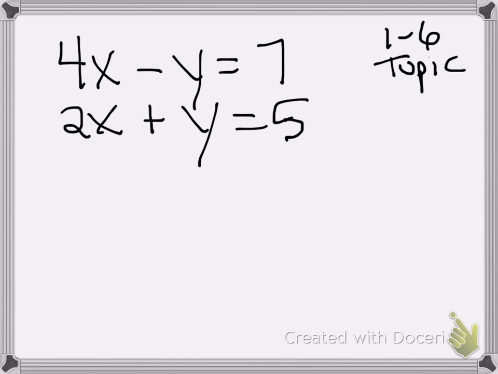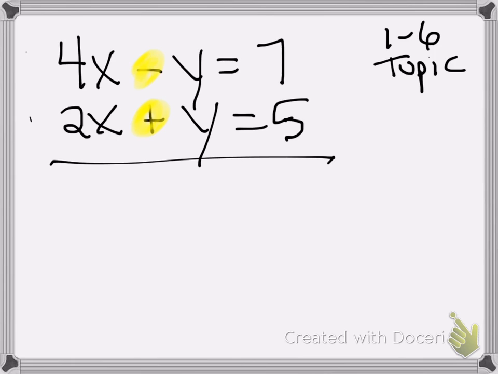When you use combination or elimination, it's just exactly what it says. You're going to combine two equations, here's the first one and the second one, by adding them together and making a variable drop out. These are set up very nicely because the y's have opposite signs.